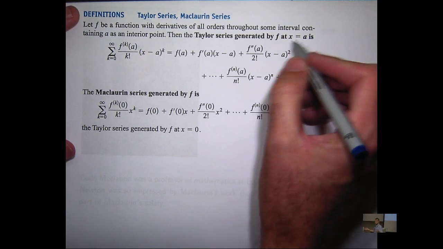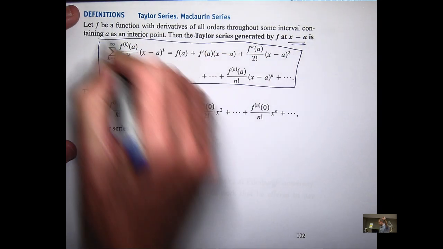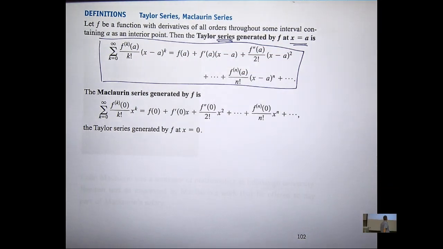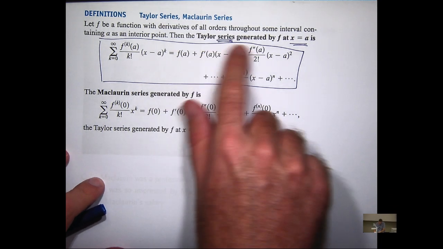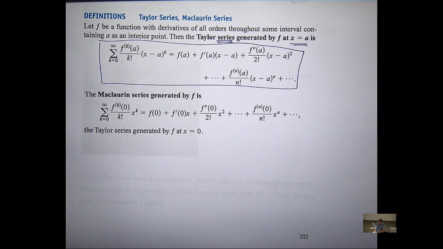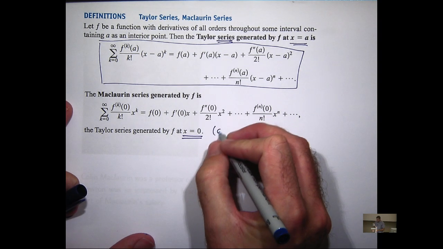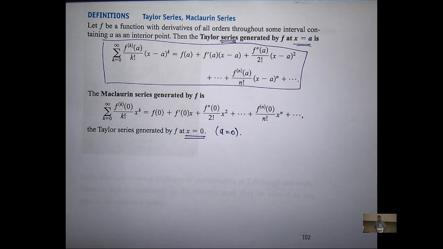We define the Taylor series for f about the point a as this infinite sum.